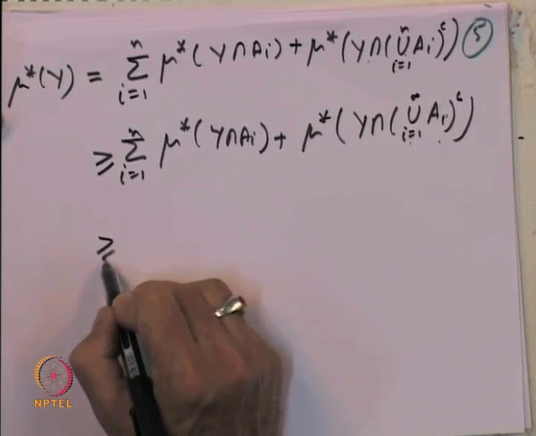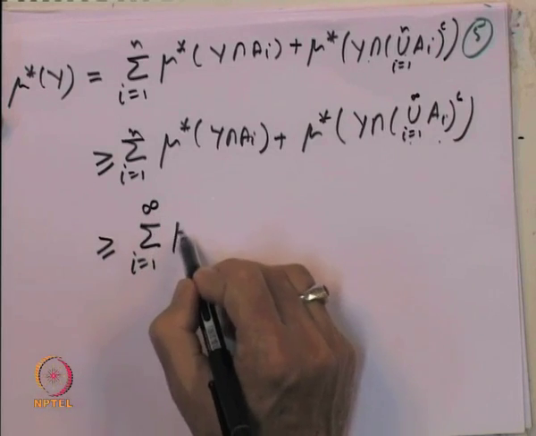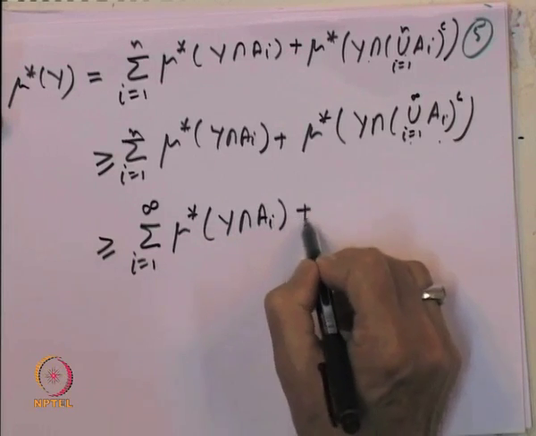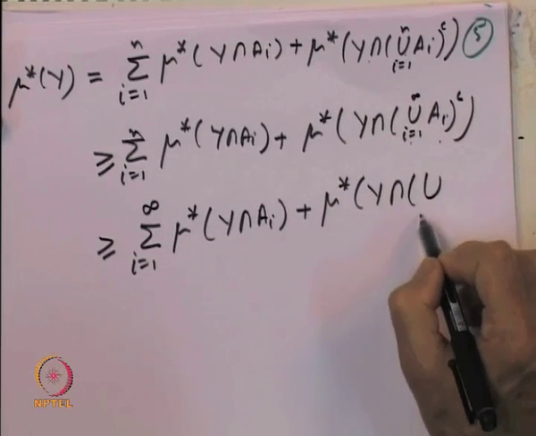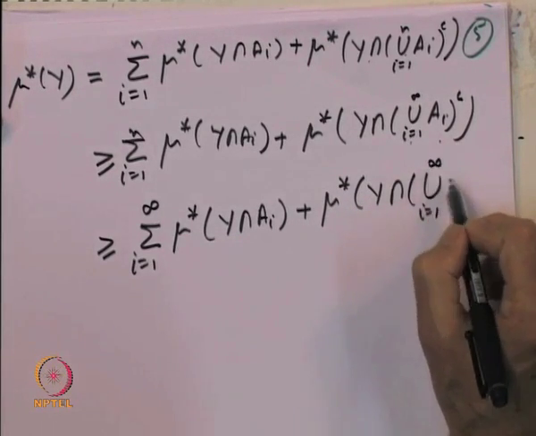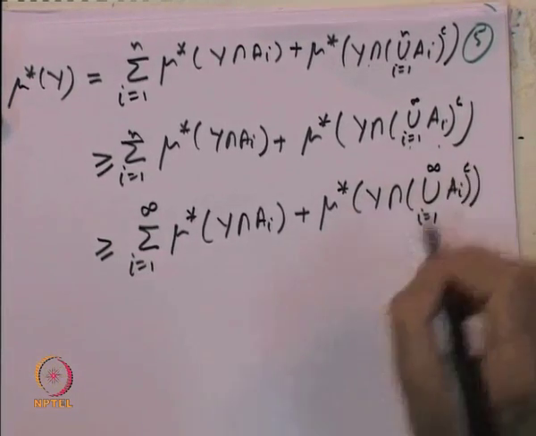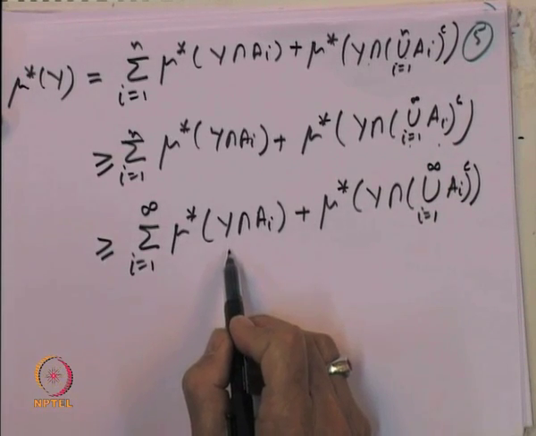So, this will be bigger than or equal to summation i equal to 1 to infinity mu star of y intersection A_i plus mu star of y intersection union i equal to 1 to infinity A_i complements. And now, mu star is countably subadditive.